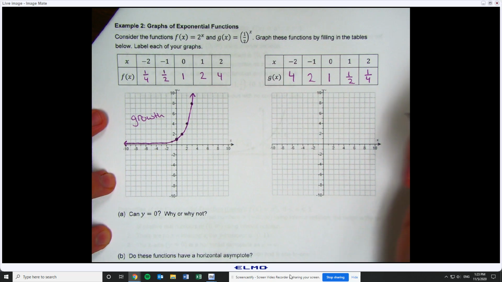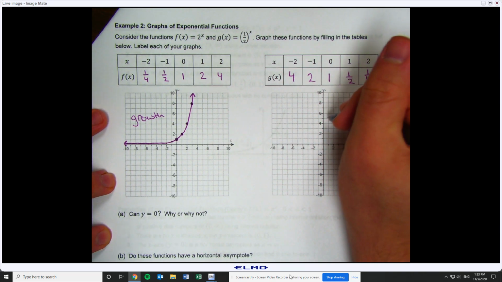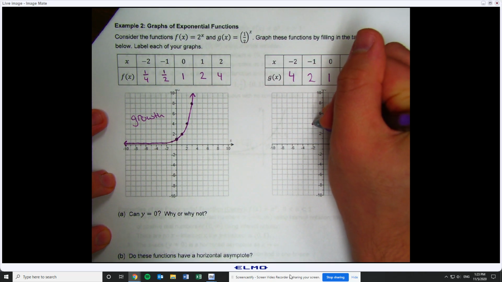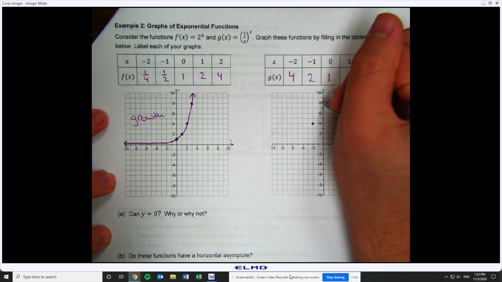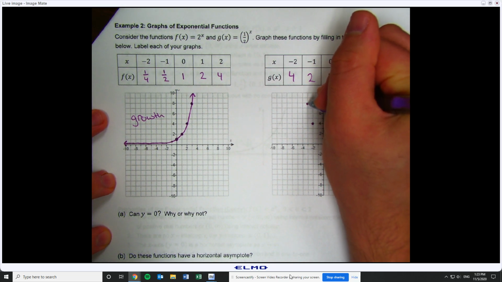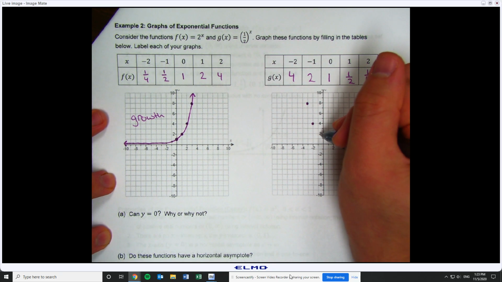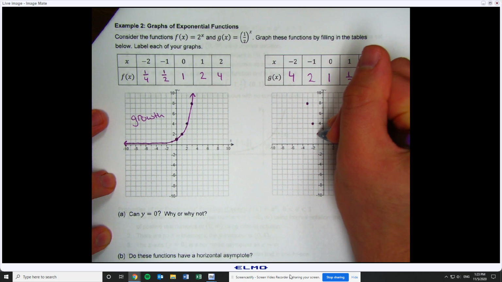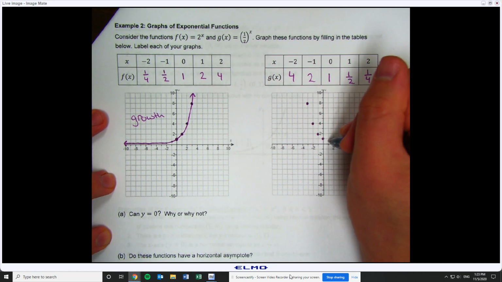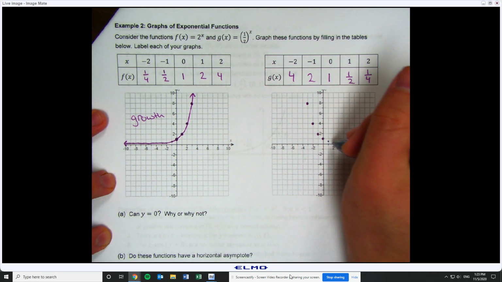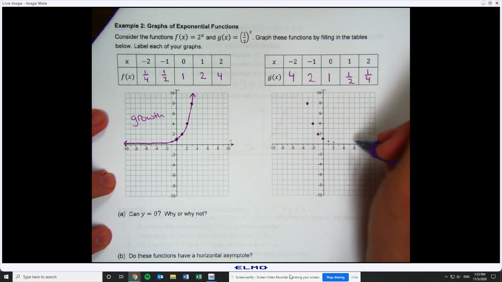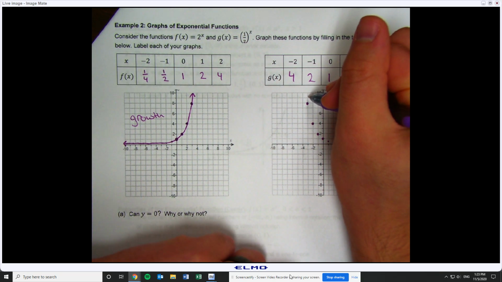Okay, moving on to the next one, negative 2, 4. And I know I'll have negative 3, 8, just to give me an extra point to aim for. Negative 1, 2, 0, 1, 1, 1/2, 2, 1/4, and going on. And by the same logic, I'm never going to cross or touch the x-axis because I never equal 0.